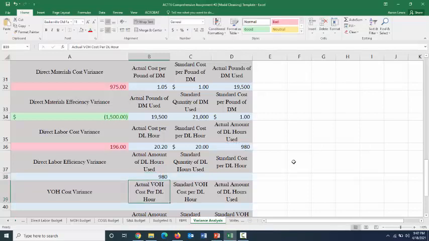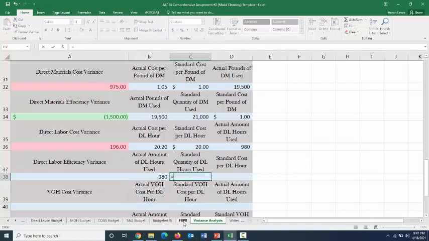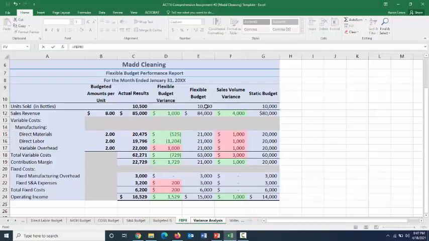The standard quantity of direct labor hours used is how many hours it should have taken our employees to produce these units given the actual amount of units that we produced and sold, and the standard that we set forth at the beginning of the period for how long it should have taken to make each unit. So if we go back to our flex budget performance report, we see that our actual units sold was 10,500.